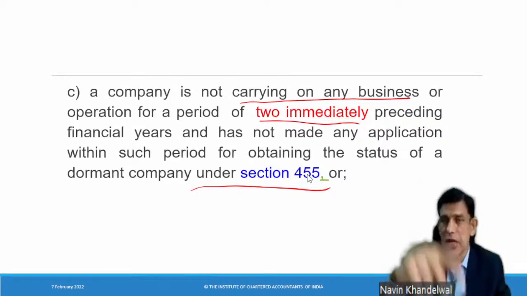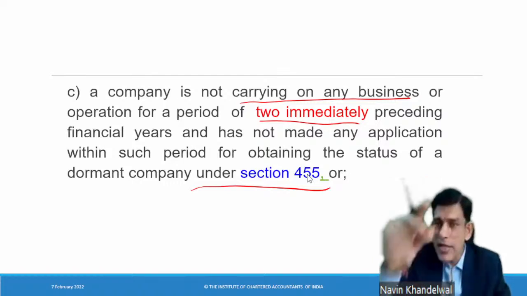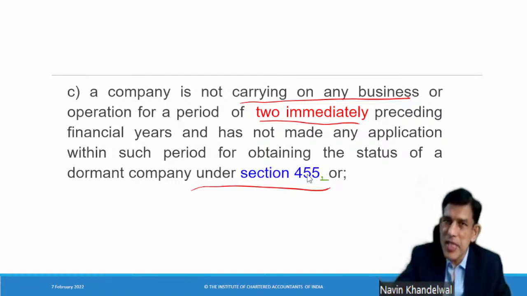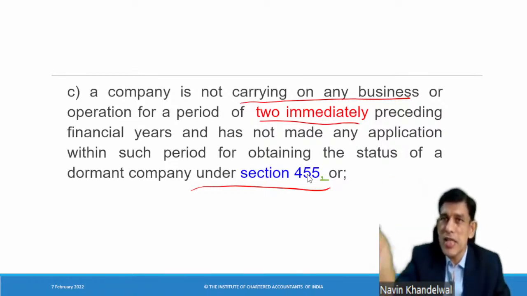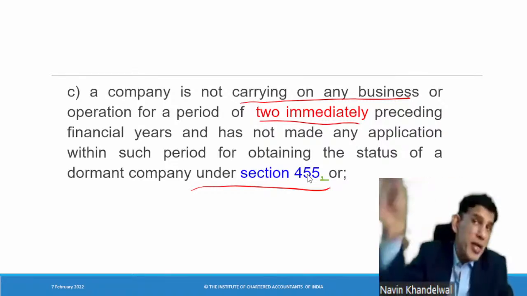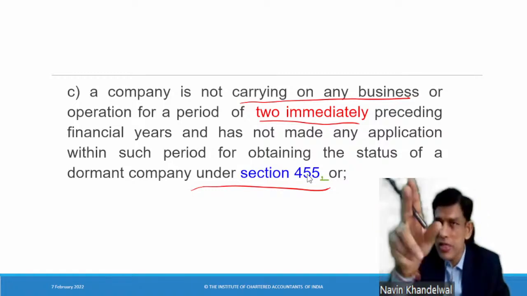So this is a condition out here for removal of the company's name. So either you have applied for a dormant company status or you have not applied for a dormant company status, the registrar can remove your name, or it can also classify your company as a dormant company. So the registrar has got 2 ways.